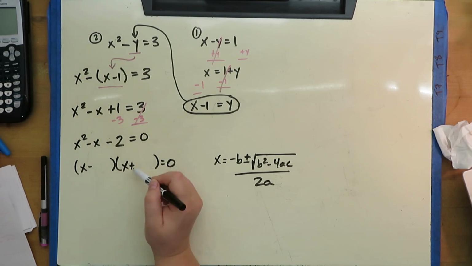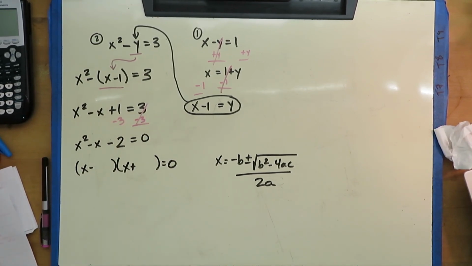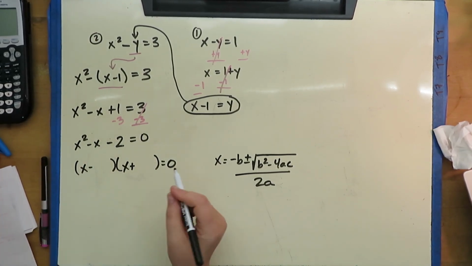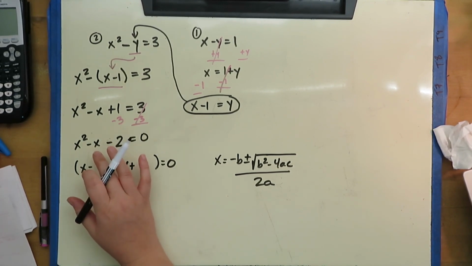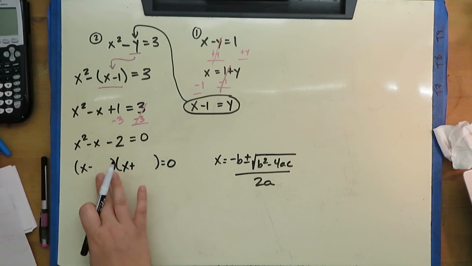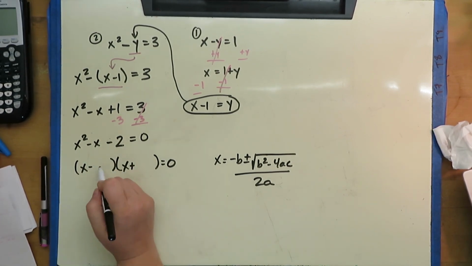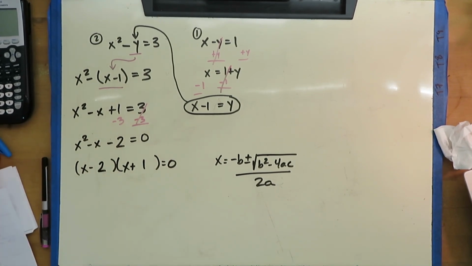But I know that one has to be positive, one has to be negative, because I have the negative here with the 2, which tells me that one of them must be negative and one positive. And because I'm negative here, that means that my larger factor has to be the one attached to my negative here. So 2 only has factors of 2 and 1, so that means that the 2 needs to go with the negative and the 1 needs to go with the positive.